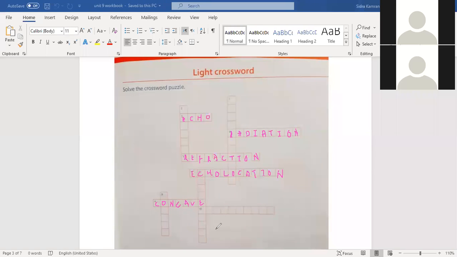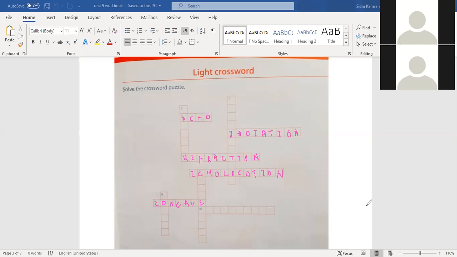Next is across, that is 10. When heat is passed on from one end of an object to the other end. See, Ibrahim, answer this. When heat is passed on from one end of an object to the other end.